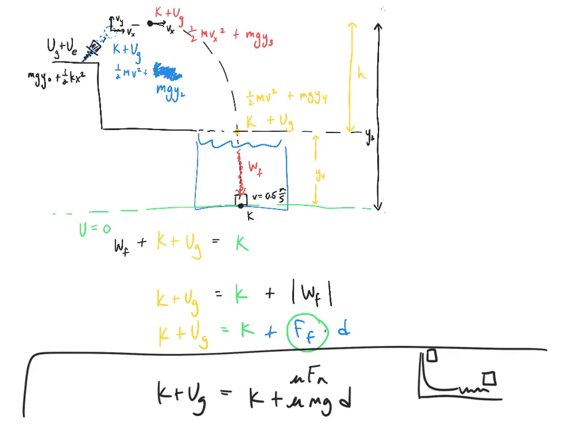And then, when it gets to here, we've got kinetic at this region. And then it's going to lose a lot of energy due to work until it gets to the very end. K plus UG is equal to 1/2 MV final squared minus UG.